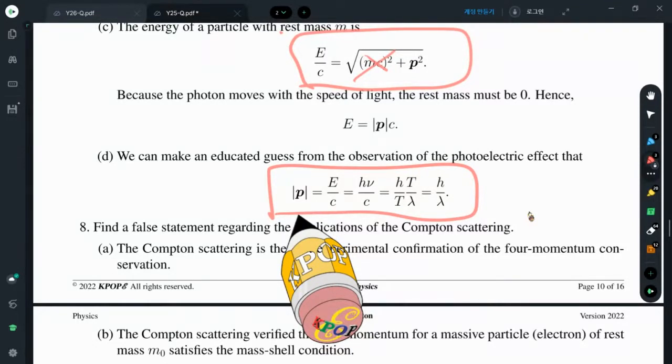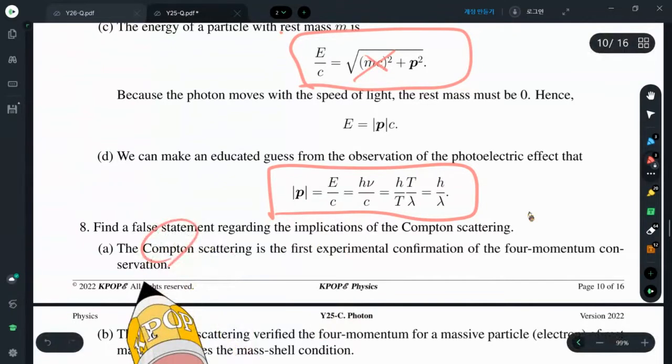Instead, explicit comparison with the experimental data was possible due to Compton's experiment. He used stronger energy, so he decreased the wavelength a lot to reach the X-ray.